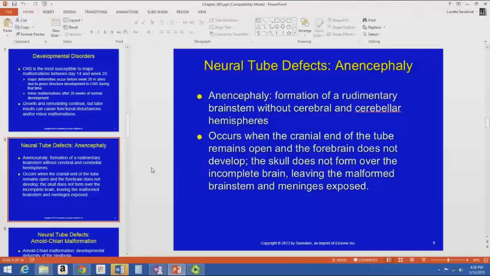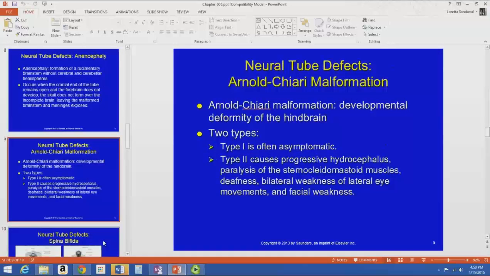Sometimes babies are born with this deformity. It's very rare. They usually don't survive to birth. And you can imagine that the prognosis is not very good, so this is not something we see in physical therapy very often.